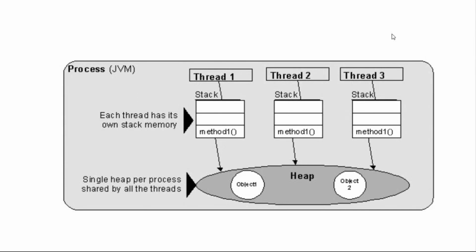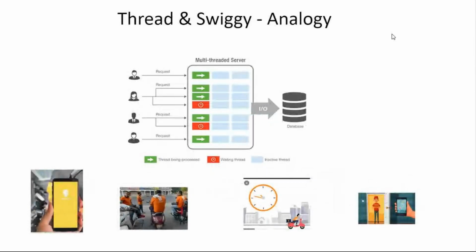Okay, what I'll do is I'll explain the thread in a little bit simpler way so that you can understand the concepts of how threads are created and what the various states of a thread are. Okay, see, we all are now very much using all these Swiggy, Zomato, Zepto kind of food apps, right?